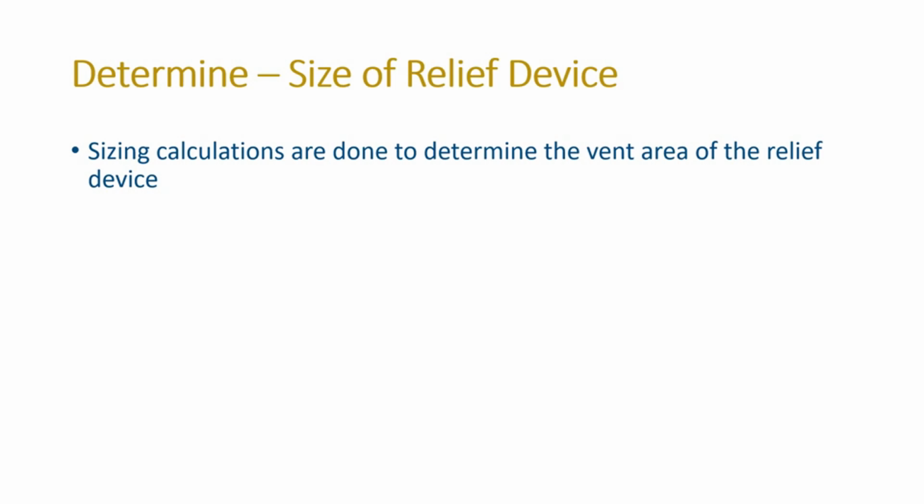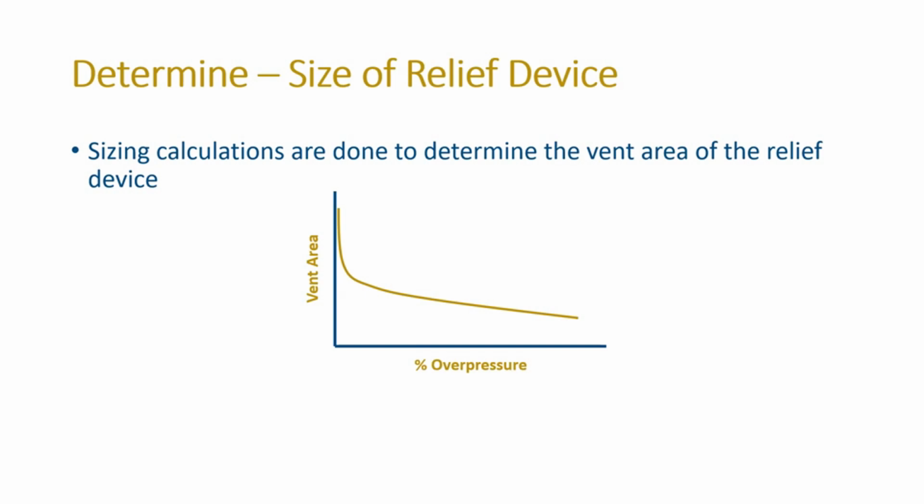Sizing relief devices involves calculations that are done to determine the vent area of the relief device. And this drawing shows the general correlation between the percent overpressure and the vent area. This might seem like a really interesting relationship that shows a very significant decrease in the vent area as the overpressure increases. This is because, if you recall, the purpose of the relief device is to remove energy from the process.